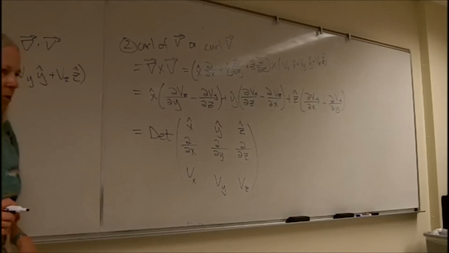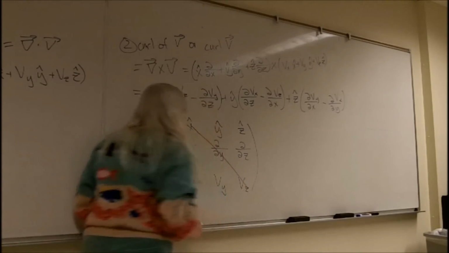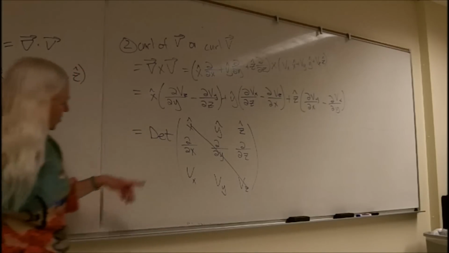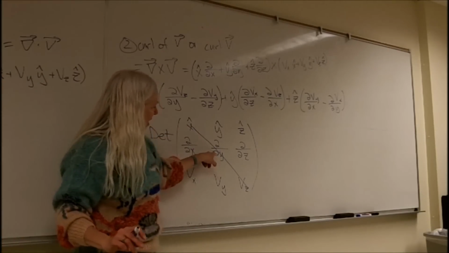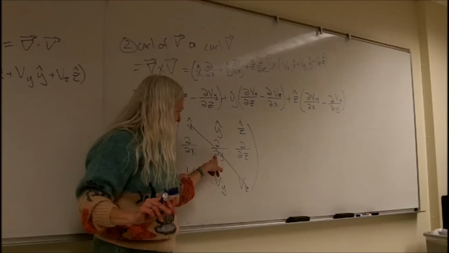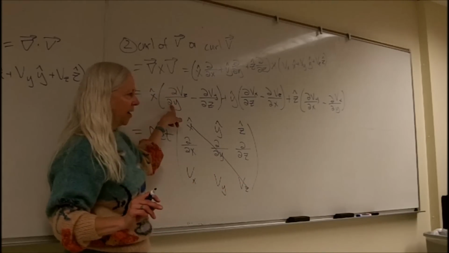And now the trick is when you take this determinant. Remember the trick, for example, I multiply those three together, except I don't want to use the word multiply right now. That's a little too simple. What I'm really doing now is letting that operator operate on this. Right? So it's going to take the derivative with respect to y of v sub z. That gives me that term right there.